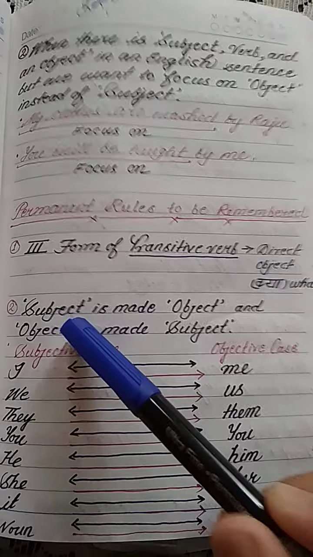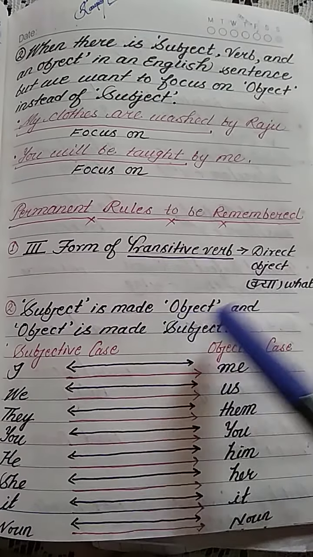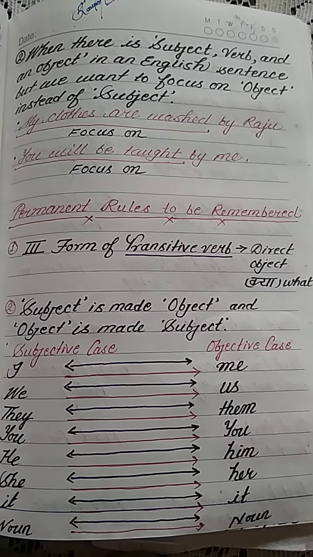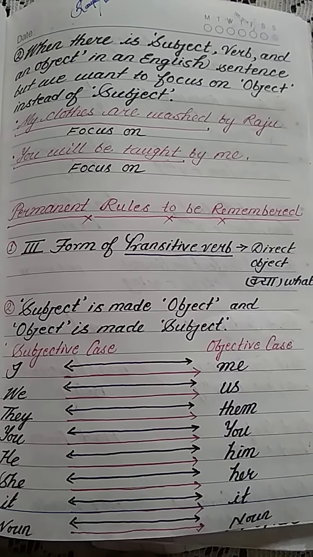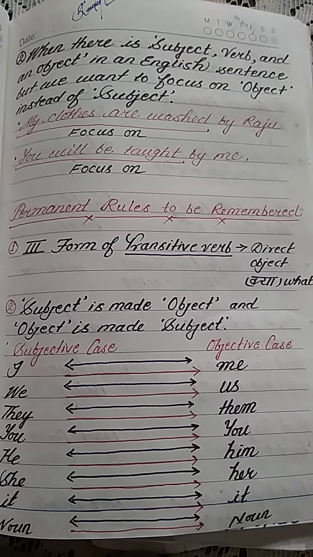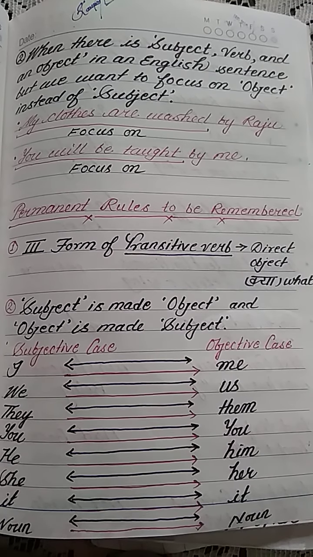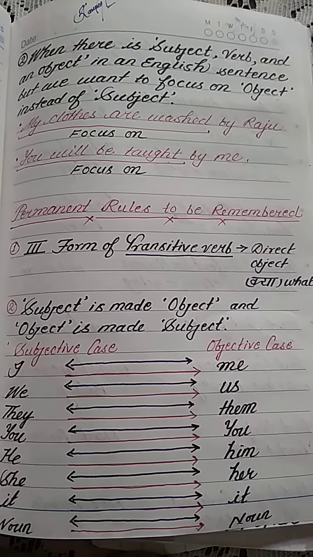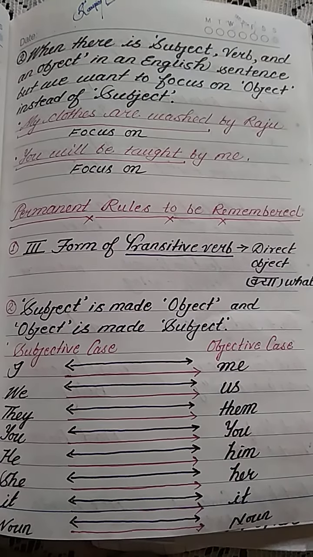Second, subject is made object and object is made subject in passive voice. Remember, wherever you have to convert an active sentence into passive, it is necessary for the student to have knowledge of subject, verb and object.